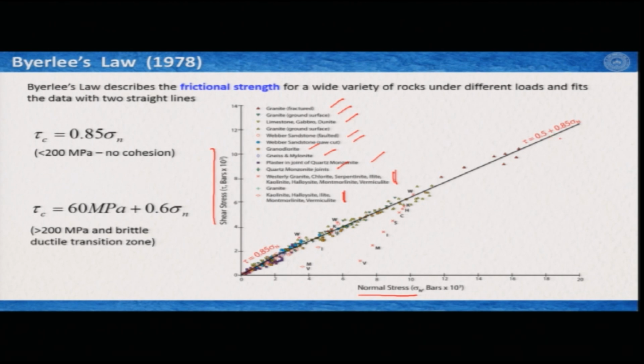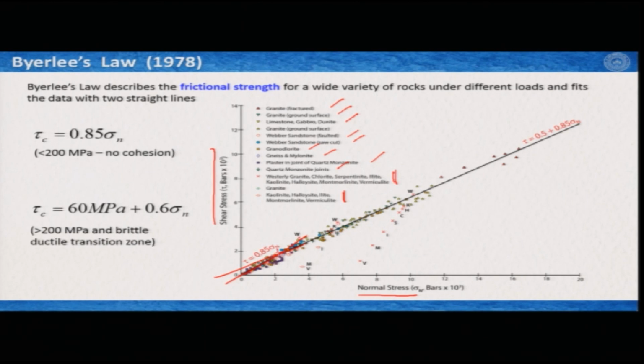The first take-home message from this plot is that composition is not a factor in determining the frictional strength and the cohesion particularly. However, it is a function of normal stress. If we zoom into this part, we would see that here the line is going through the origin, and then if we connect these points, it is not going through the origin, it is coming somewhere here.